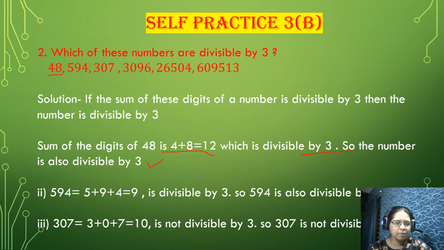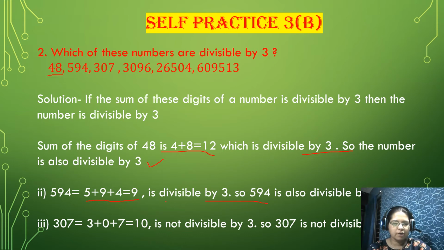Then second number 594. Here the sum of the digits is 5 plus 9 plus 4. 5 plus 9 is 14. 14 plus 4 is 18. 18 is divisible by 3.